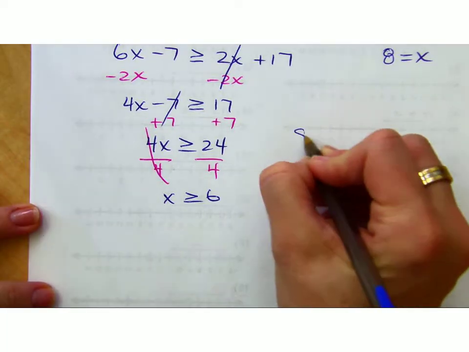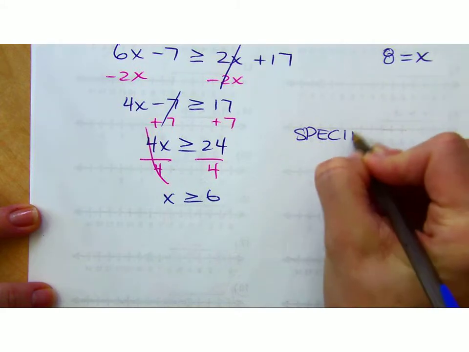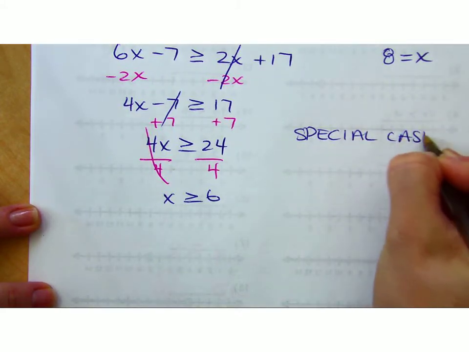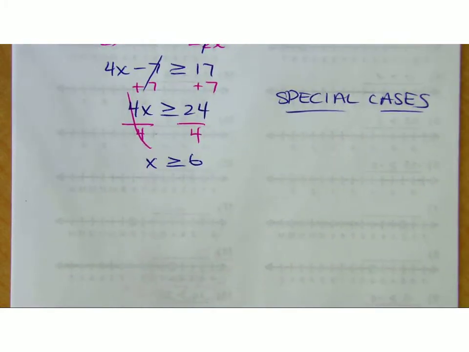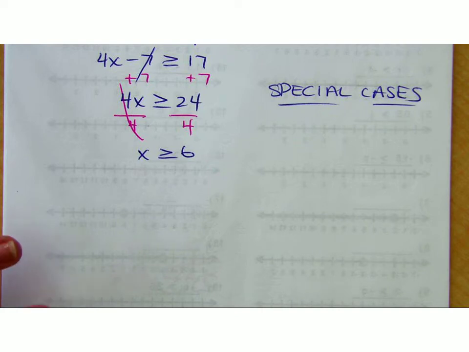All right, let's talk about these things, special cases. I know you know how to do everything I just showed you. I want to point something out here, though. So if you've followed me so far, this is going to be something a little bit new.